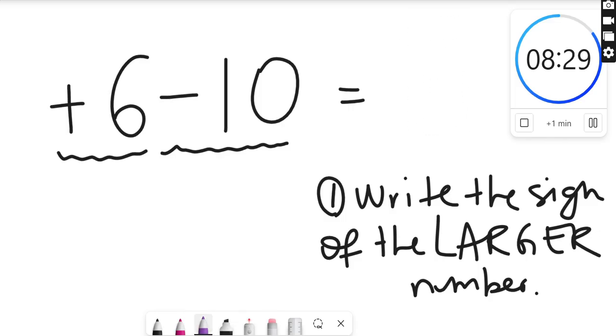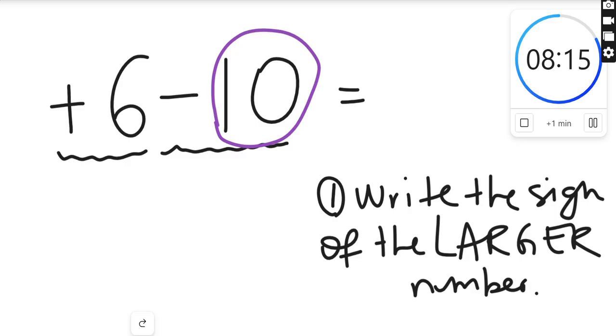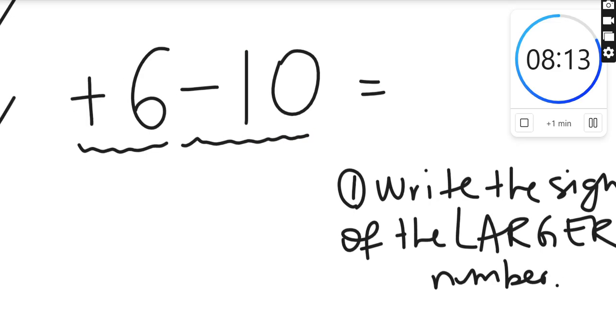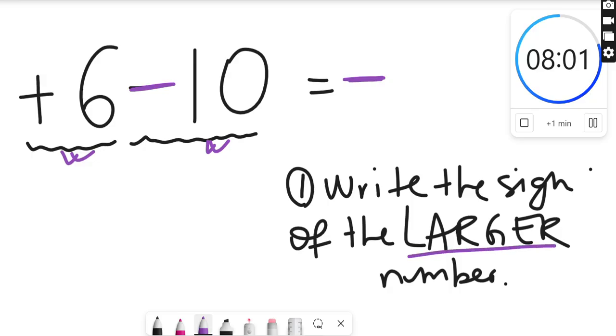Which one is larger by absolute value? Is it 10 or 6? 10, right? So larger is 10 and 10 is negative. Or basically you can say, is this more positive or is it more negative? It's more negative, right? So the final answer will be negative because that's the sign of the larger number.